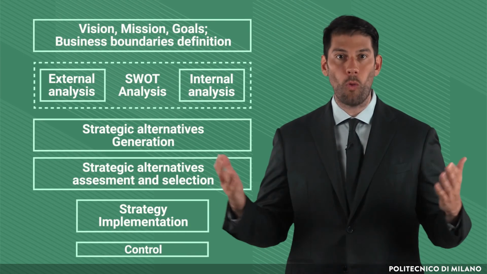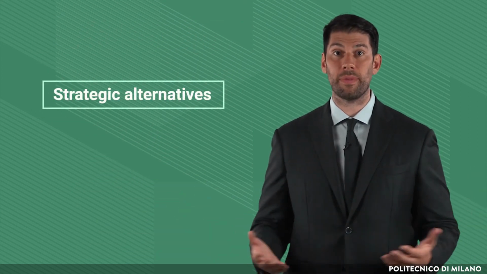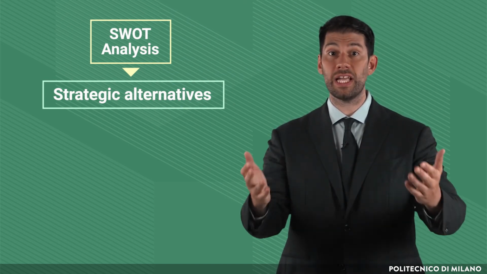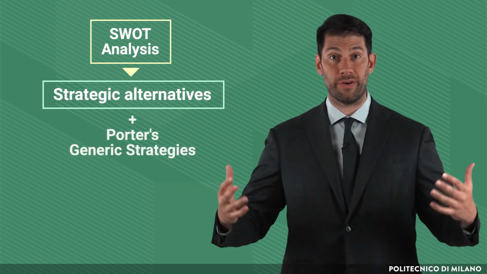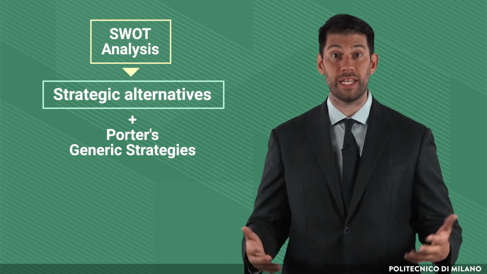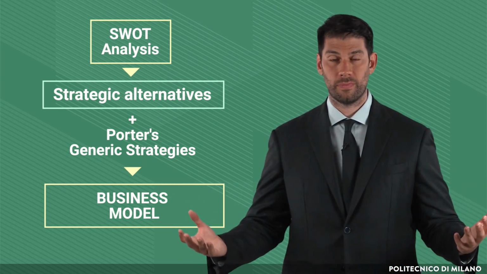Once a company has formulated its whole business strategy based on one or more strategic alternatives coming from the SWOT and aligned with an overall orientation provided by Porter's generic strategy, this strategy should be implemented in a business model through an adequate execution.